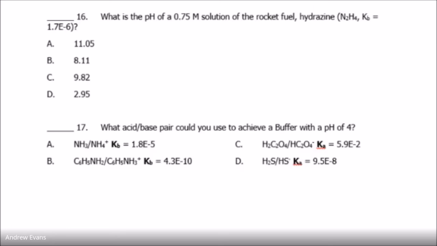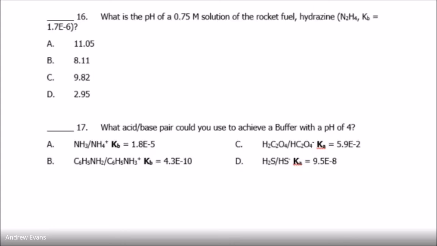You say, oh, that's perfect, but that is a pOH. So that one is bad. You do that one more time, and that would actually be a pH of 9.26.